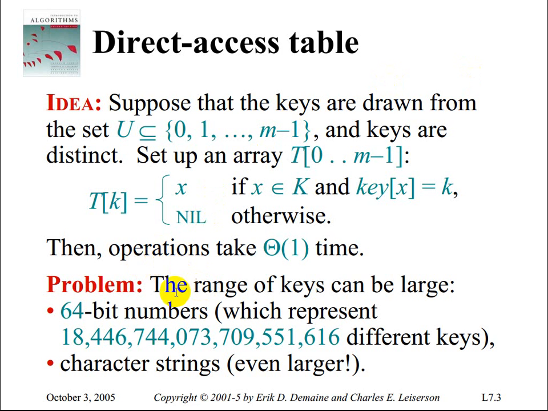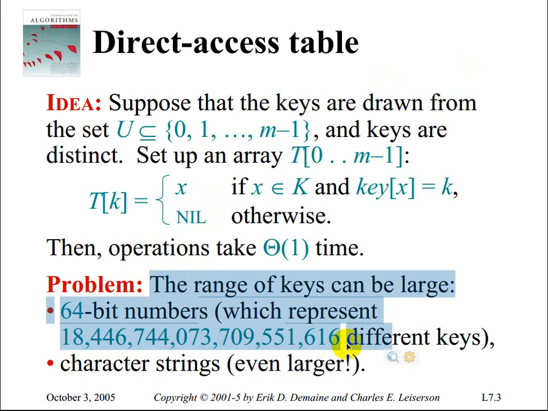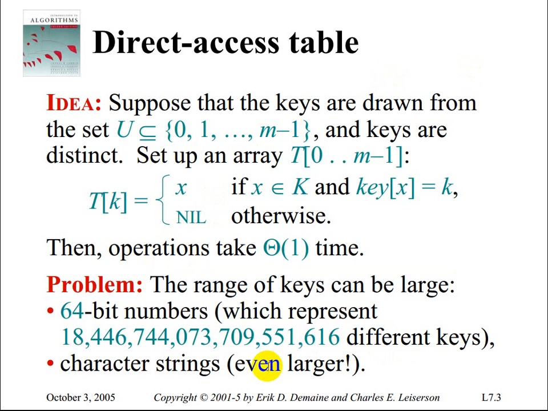So the range of keys can be large. For example, in the case of 64-bit numbers, there are lots and lots of keys, and character strings can be even larger, and you obviously cannot have an array of that size. So what it means is you have to deal with collisions, and you don't want to just allocate a large array with a lot of unallocated spaces.